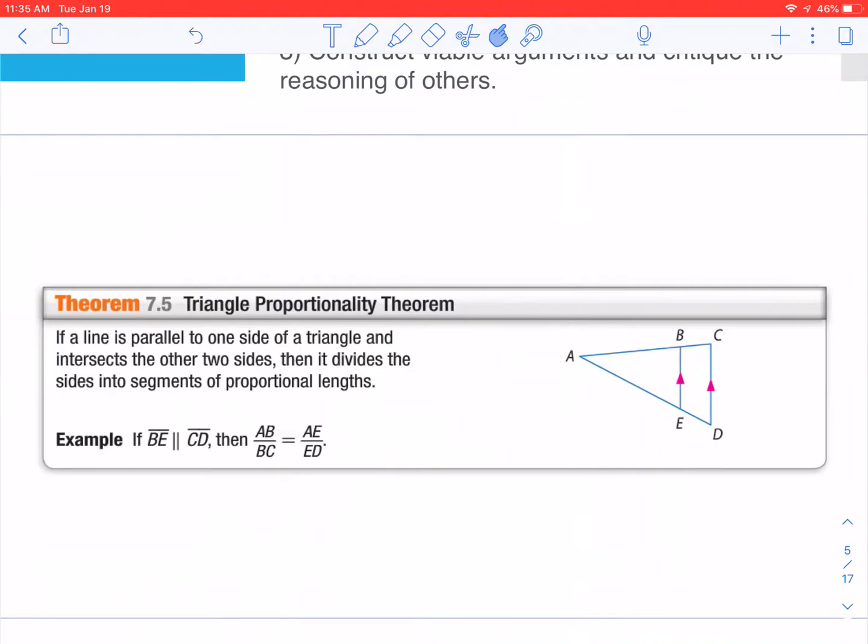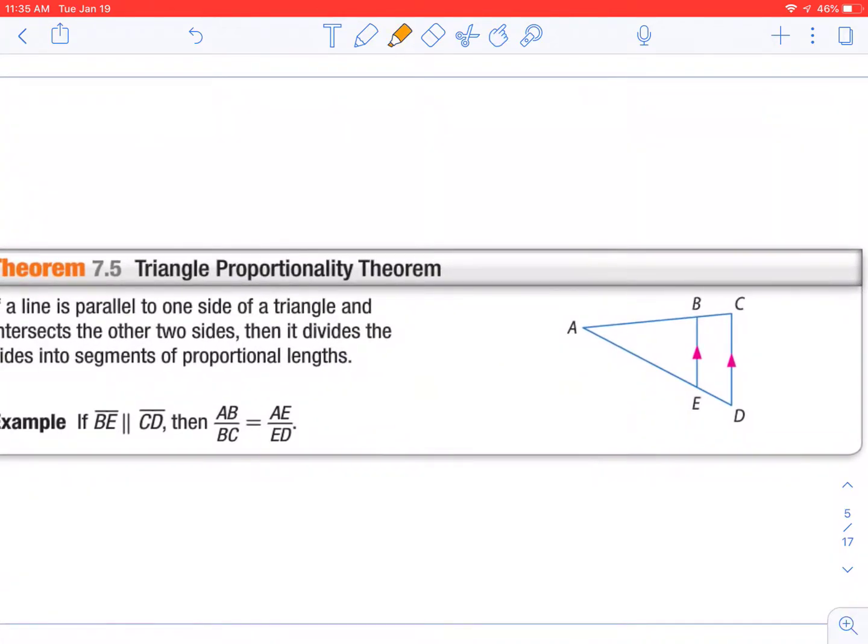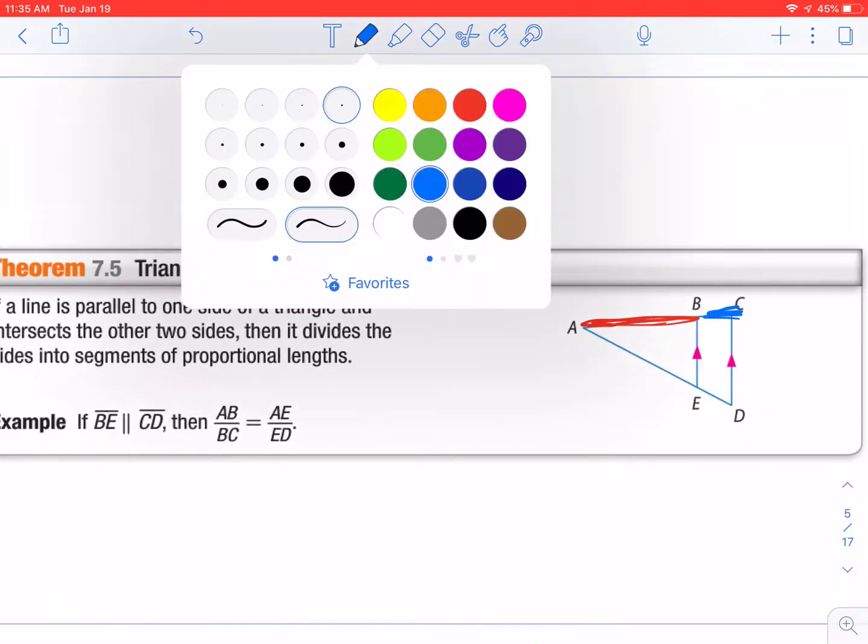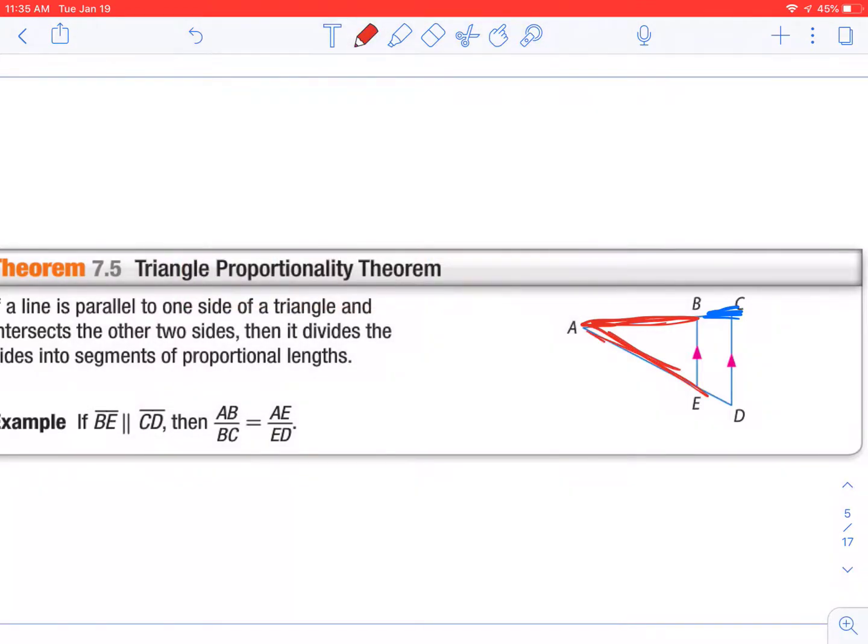If I have a triangle over here, and then I have two parallel lines in that triangle, so if that's the setup, then I have AB over BC is equal to the ratio of AE to ED, which is what you see right there.